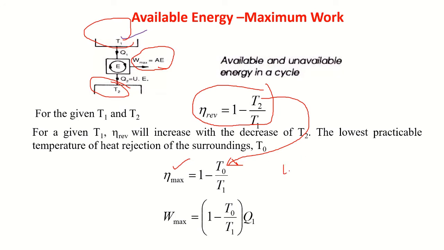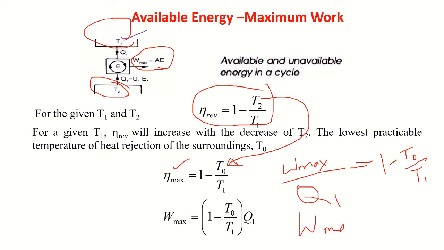Now the corresponding work: W max by Q is also known as efficiency. This is equal to 1 minus T0 by T1. So now W max can be written as 1 minus T0 by T1 into Q1.